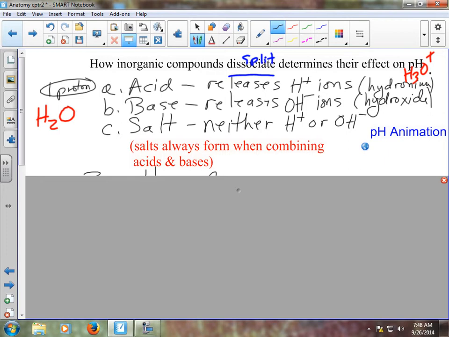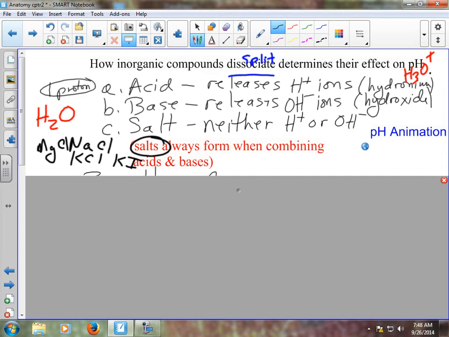So, NaCl, that's a great salt. There's KCl. There's magnesium chloride. I don't know why I'm always choosing chloride. There's potassium iodide. All right, there's a whole bunch of other things that aren't acids or bases that would not really affect the pH one way or the other.